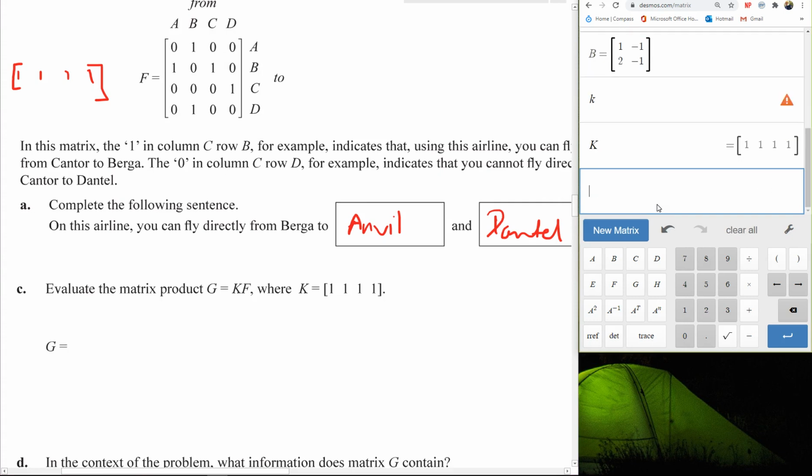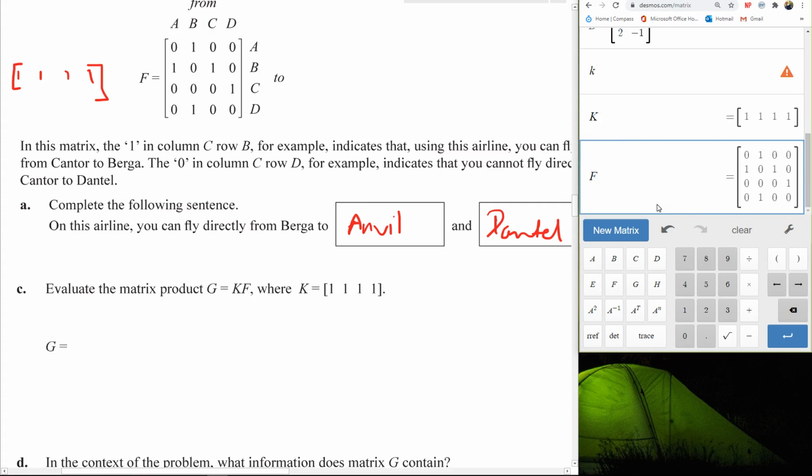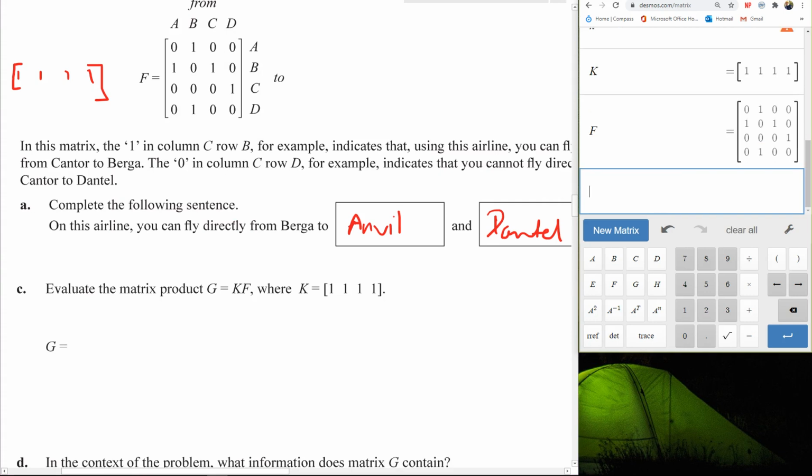Capital K, and matrix F, I've got that there. So it's asking us to evaluate K times F. When you evaluate that, it gives you that matrix. So matrix G is 1, 2, 1, 1, and this is A, B, C, D.